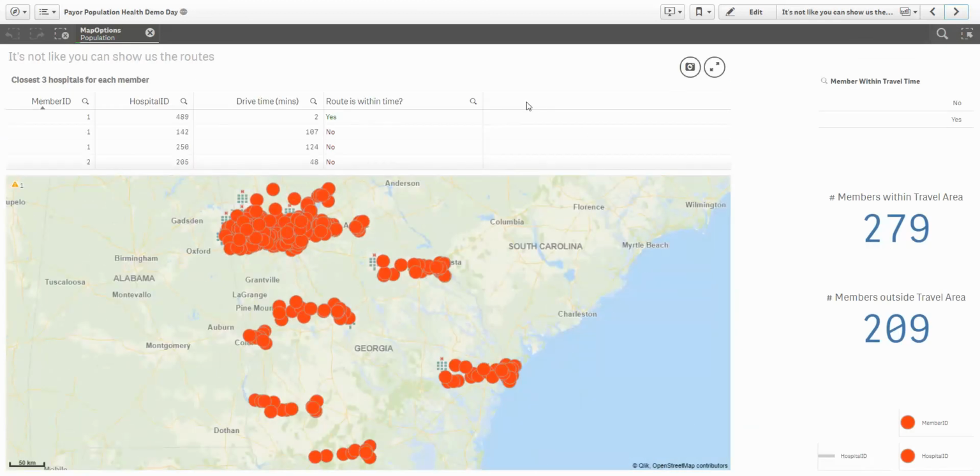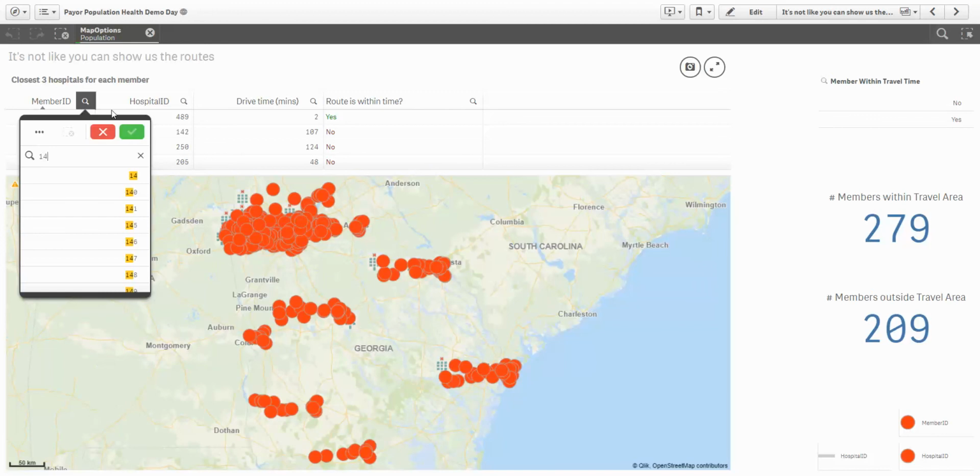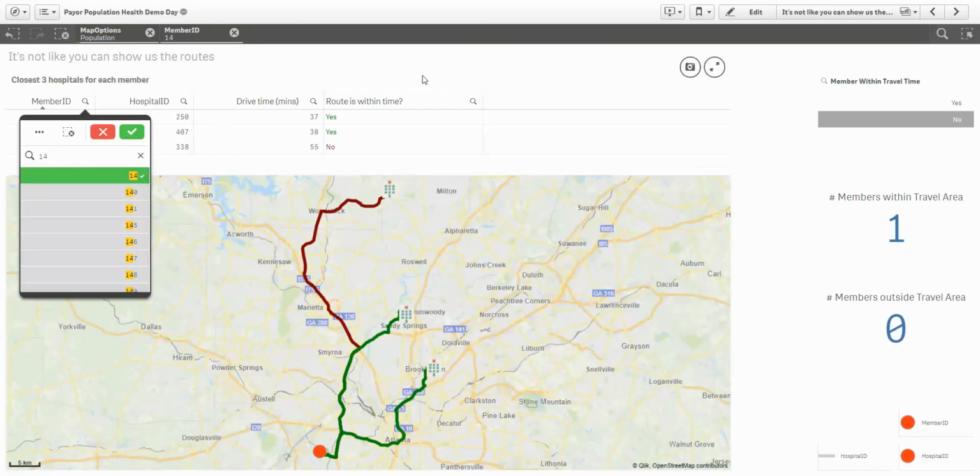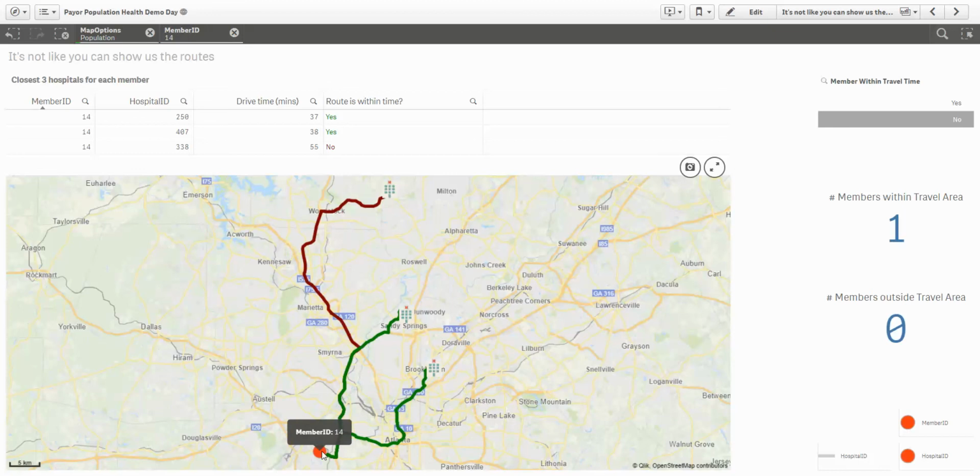One of the things that I thought would be cool, because there have been some questions from others, is, I can calculate all that, can you show me routing? Well, absolutely. I'm going to pick a specific member and show you their routes. These are the closest 3 hospitals for member ID 14, whenever I might be on the phone with them.